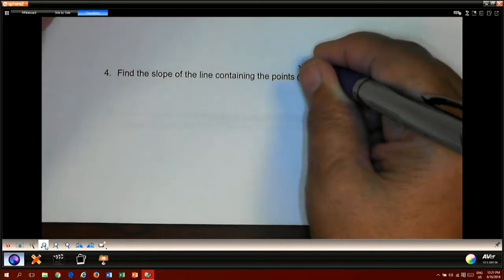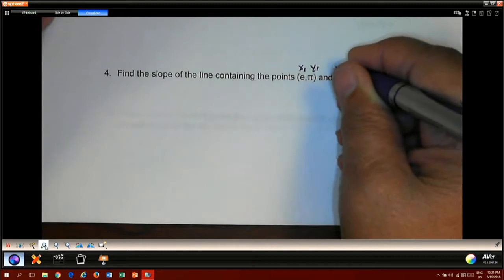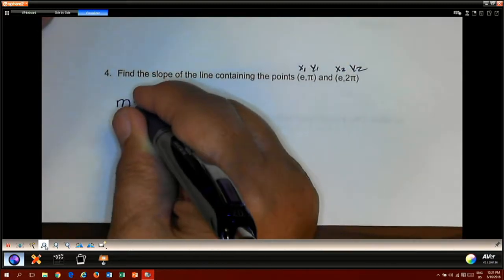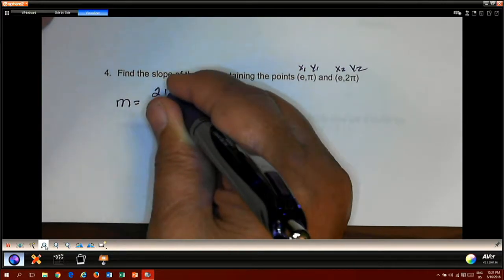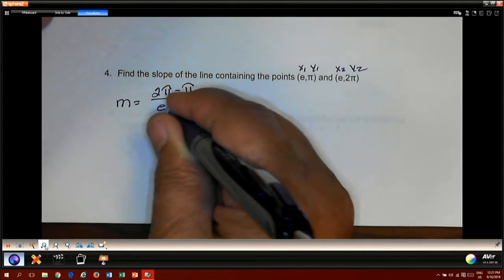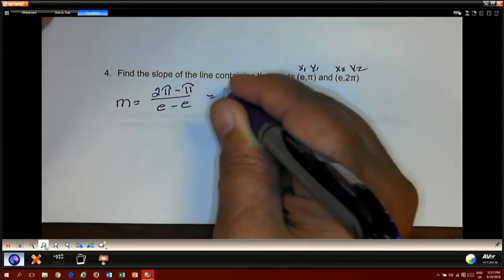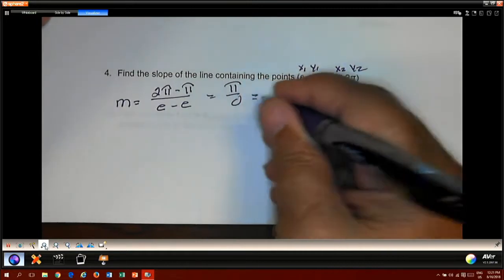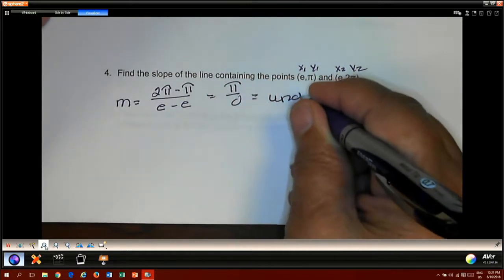Now we have x1, y1, x2, y2. So we have 2 pi minus pi over e minus e, which gives us pi over 0, which is undefined.